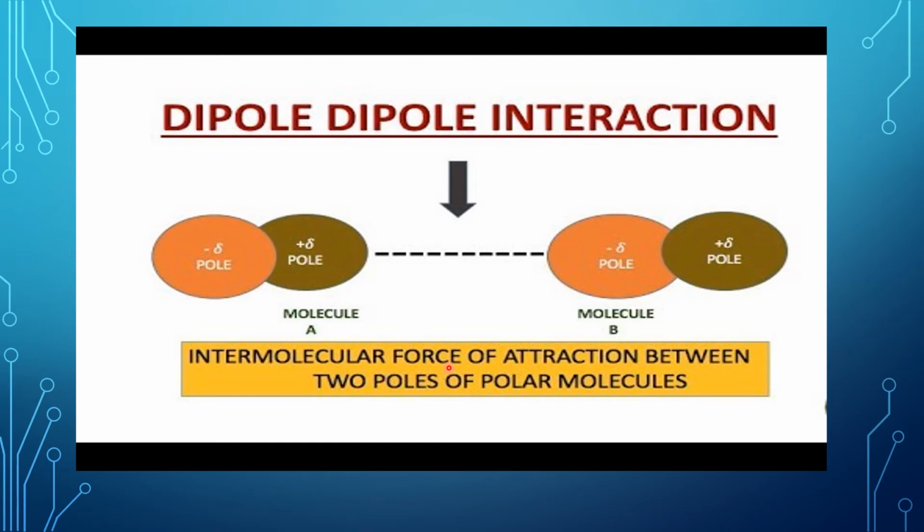Since it is the strongest intermolecular force, we need a great force or great energy to break it. We need strong force to break through the attraction between the two molecular compounds.